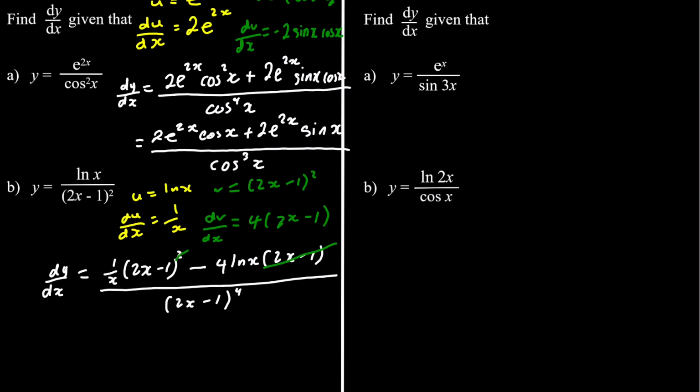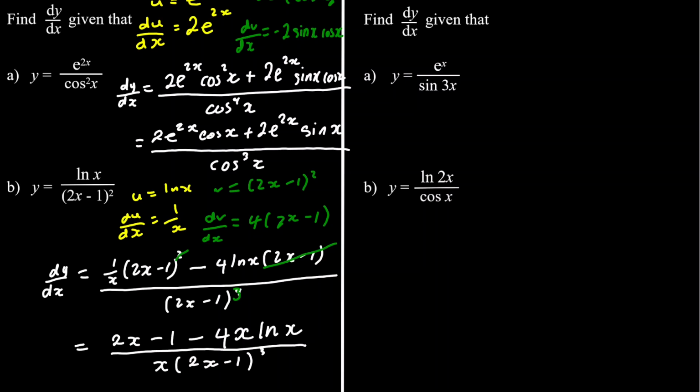So the powers go down by 1. And then let's get rid of the fraction by multiplying through by x. So we're going to have 2x minus 1 minus 4, multiplying this term by x for x log x, over x times 2x minus 1 cubed. And I'll leave it as that.